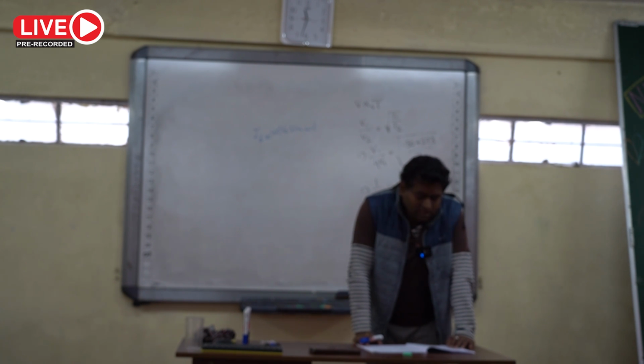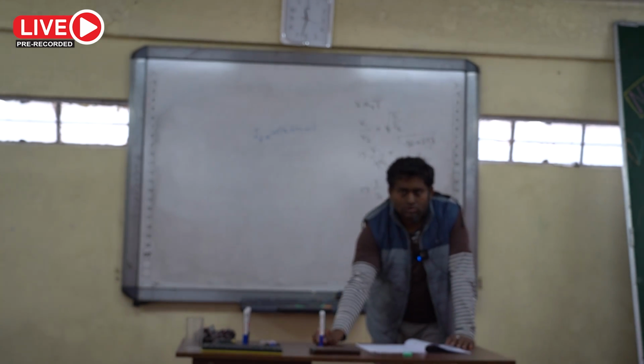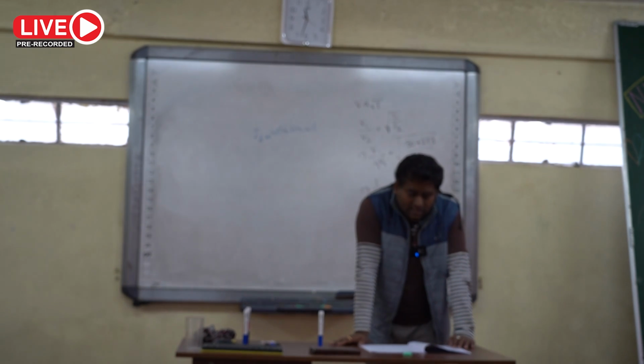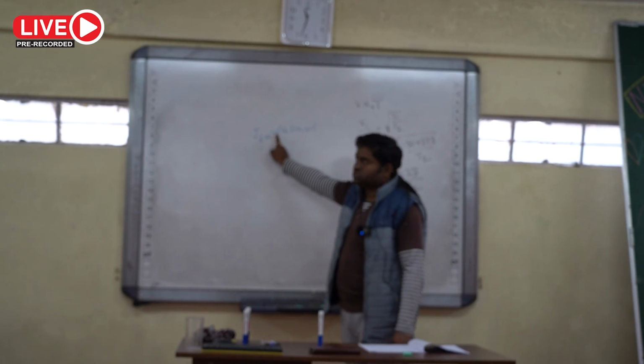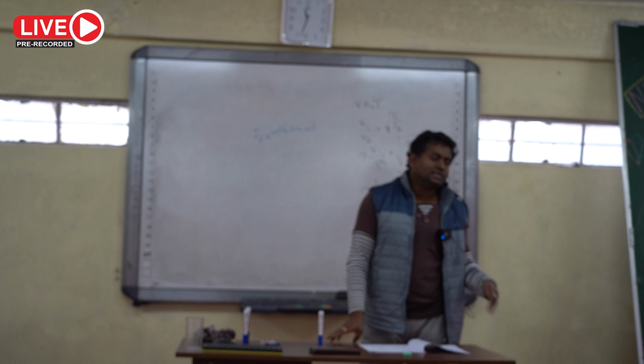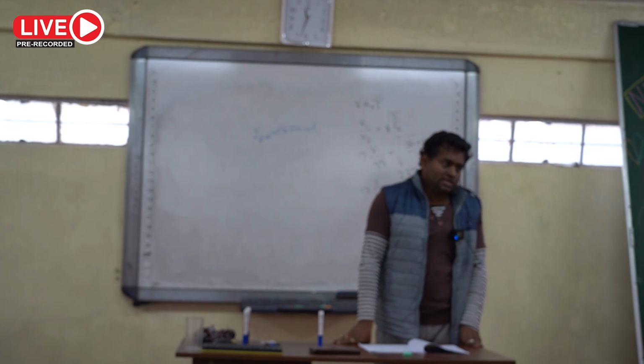And other options 2 and 4 are also wrong, because 4 is saying capacitive reactance remains constant, that is not true, and 2 is saying displacement current increases, that is also not true, because displacement current is directly proportional to this omega. So omega decreases means displacement current will decrease.